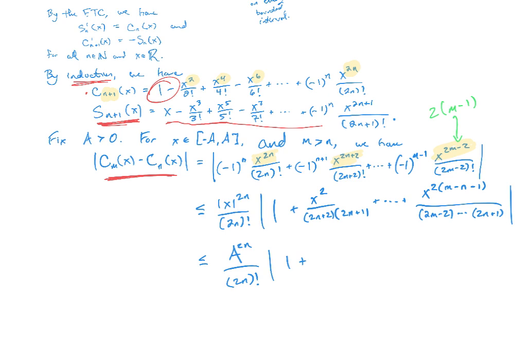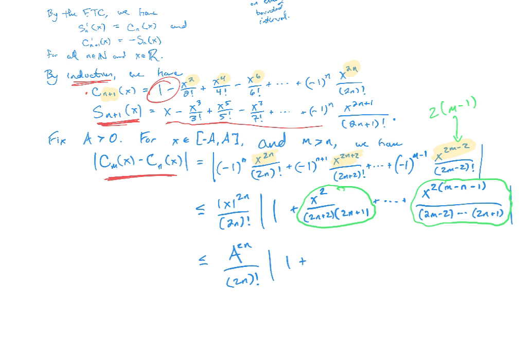Okay, now we want to bound each of these guys. Each of these fractions has the same number of terms on the top as it has on the bottom. So I'm saying you get the same power of x on the top as you have terms that are multiplied on the bottom.